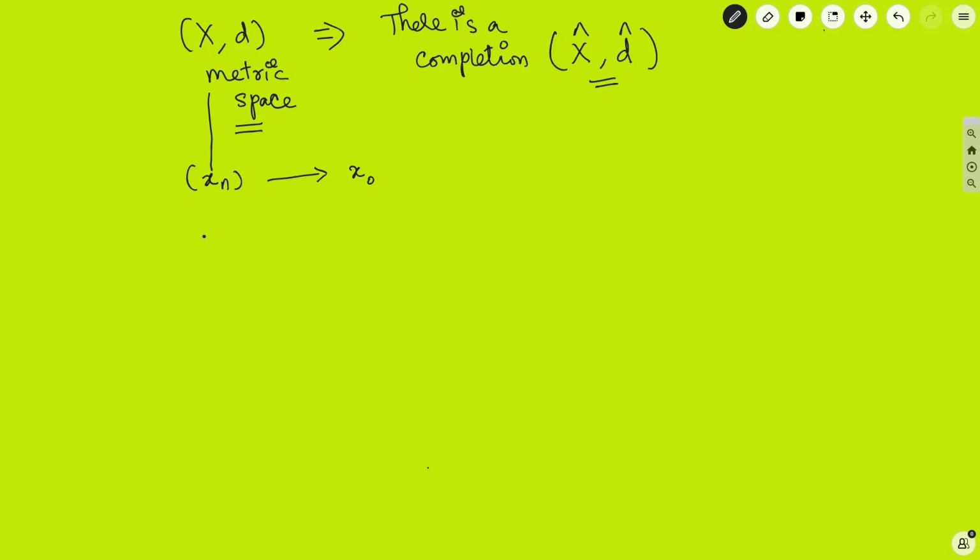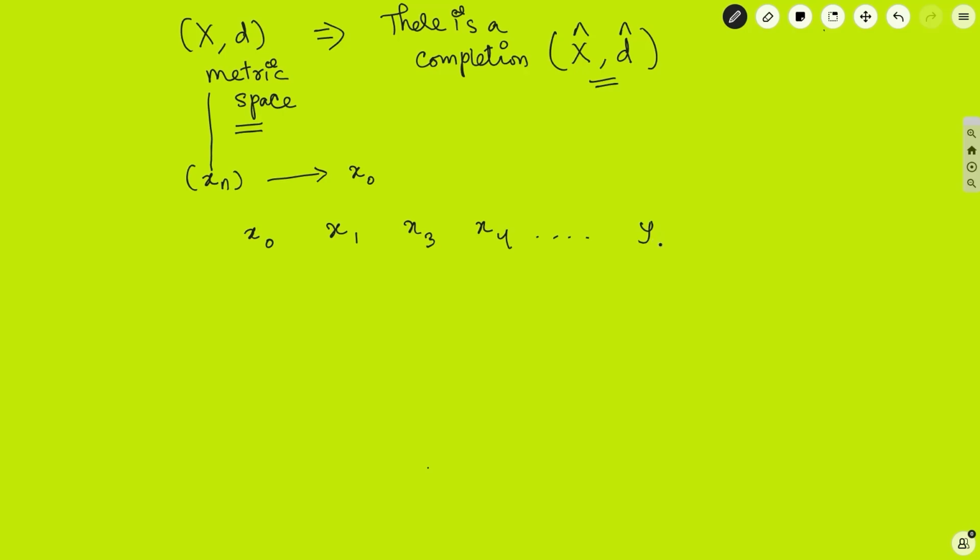But the problem is that you cannot do it for every sequence, right? The reason being, there can be some sequences which are, at the end, almost the same. So maybe it started off as x1, x2, x3, x4, and so on. And as your n becomes larger and larger, it tends to become some other sequence.